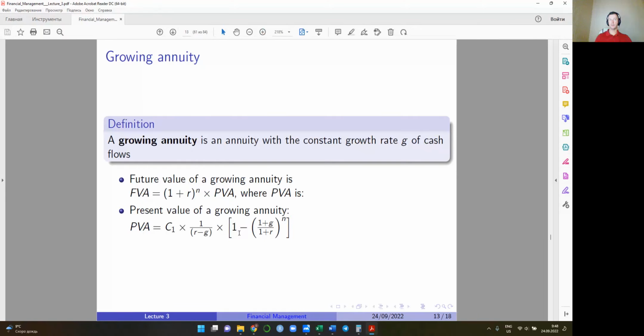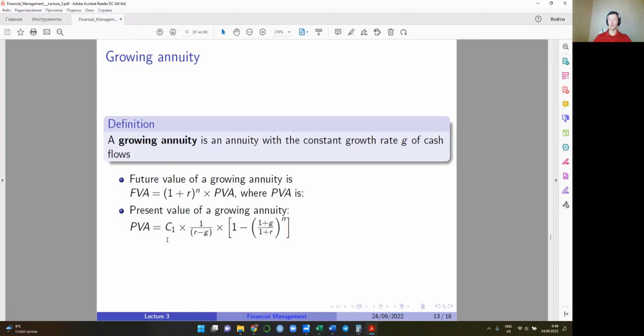So this expression is the present value of a growing annuity. C1, according to our previous notation used in lecture number 2, is the payment at the first moment of time, meaning at the end of the first period.